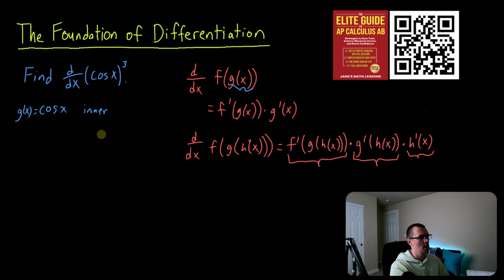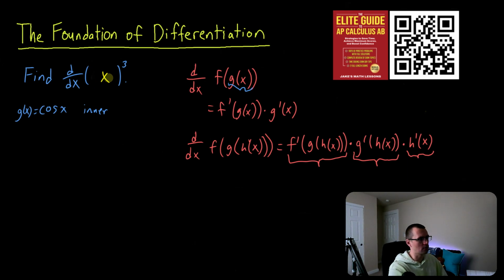Okay? And the reason I like to start with the inner function is once you find it, you can go back to your original function that you're trying to find the derivative of, and imagine taking out that entire inner function and replacing it with just x. So if we got rid of cosine x here, our entire inner function, and just changed it to an x, whatever's left will be your outer function.